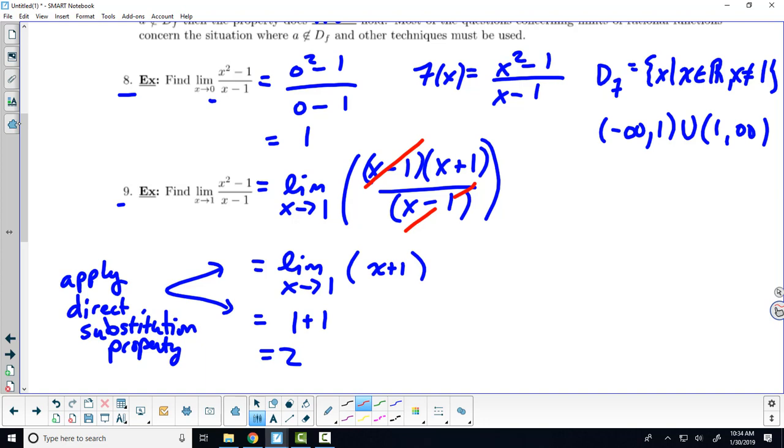The reason we could say that is if we identified the domain of the function, the domain is everything except for 1, and we're taking the limit as x is approaching 0. So that's okay. Whereas here, we're taking the limit at a place where the rational function is undefined, so we cannot use the direct substitution property or the quotient property yet. But we could clean it up first by doing some algebra, and then either apply limit properties or the direct substitution property to finish it out.